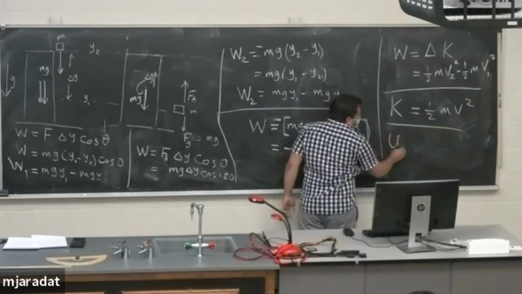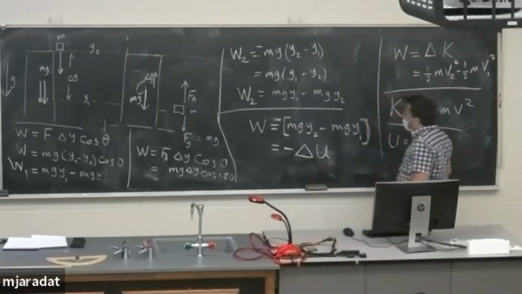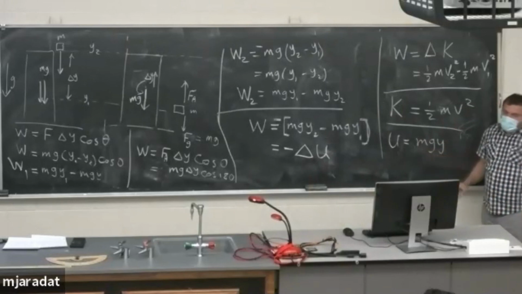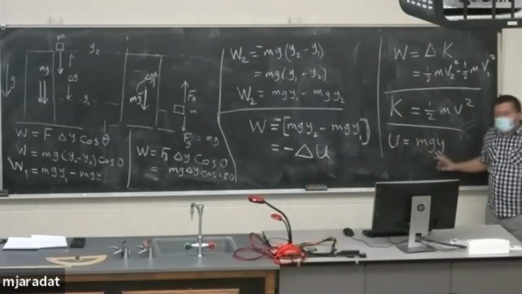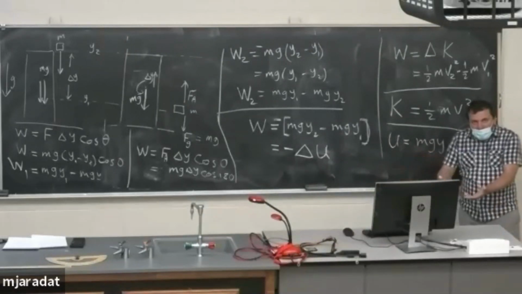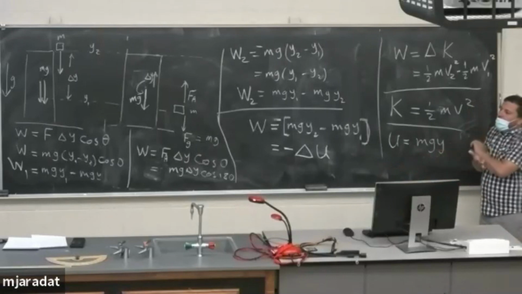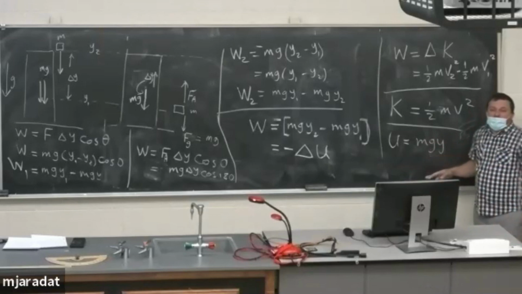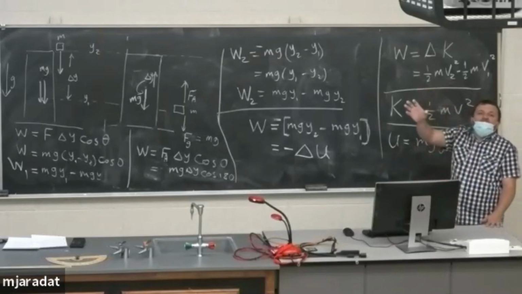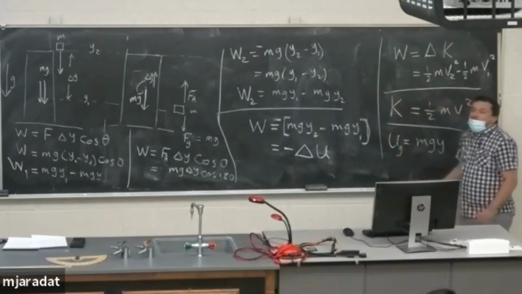U is equal to mgy. Look, we have the mass, the gravitational acceleration, and the altitude. This potential energy comes from these quantities, which are the altitude, the position, and the gravity. Because of that, this potential energy is named the gravitational potential energy. So we will name it UG.